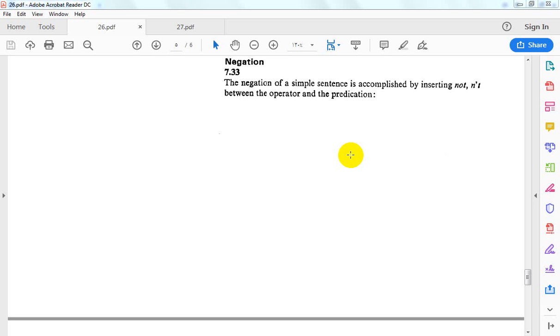Simply, the negation of a simple sentence is accomplished by inserting not, in its uncontracted form, and n't, in its contracted form, between the operator and the predication in the sentence.